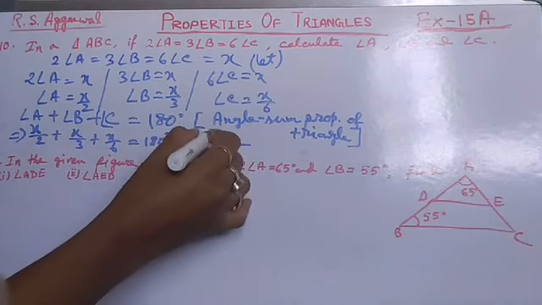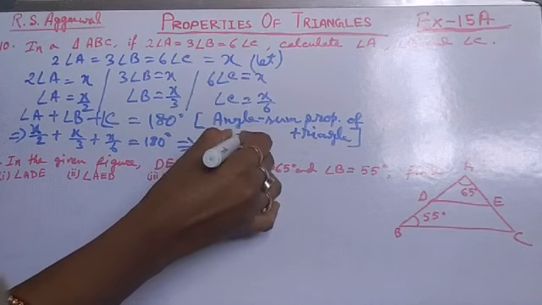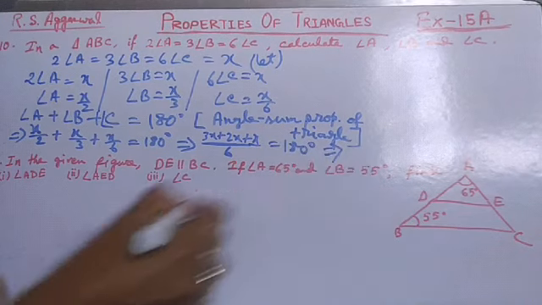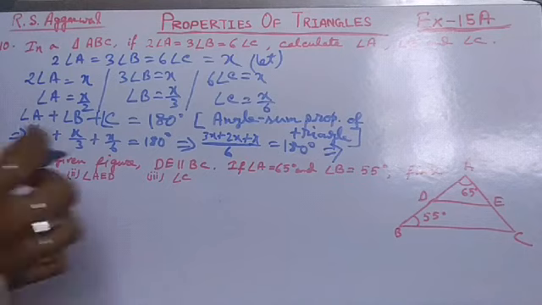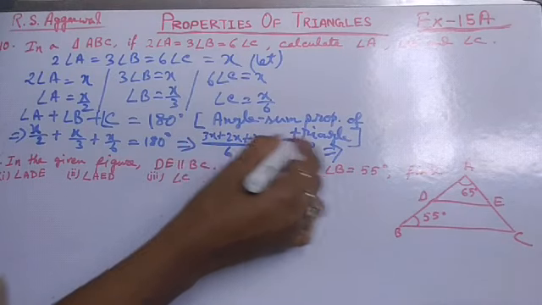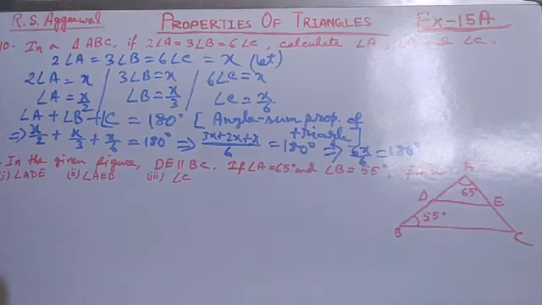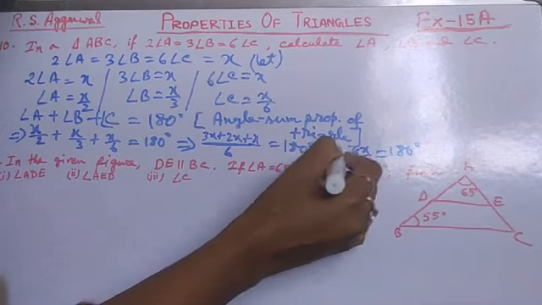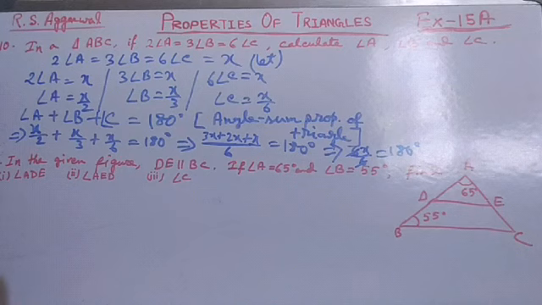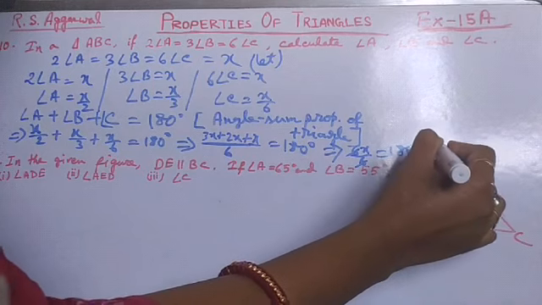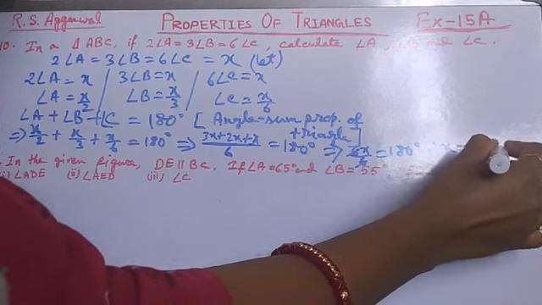So 3x plus 2x plus x equal to 180 degree. This implies 6x by 6 equal to 180 degree. The 6 can be cancelled, therefore x equal to 180 degree.